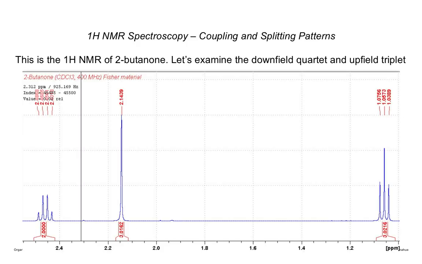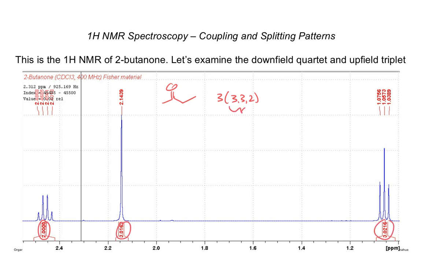So here's the proton NMR of 2-butanone. And so if we're just looking at the 3 unique signals, again, we have 3 unique sets of hydrogen in a ratio of 3 to 3 to 2. And that's what these numbers down here indicate.